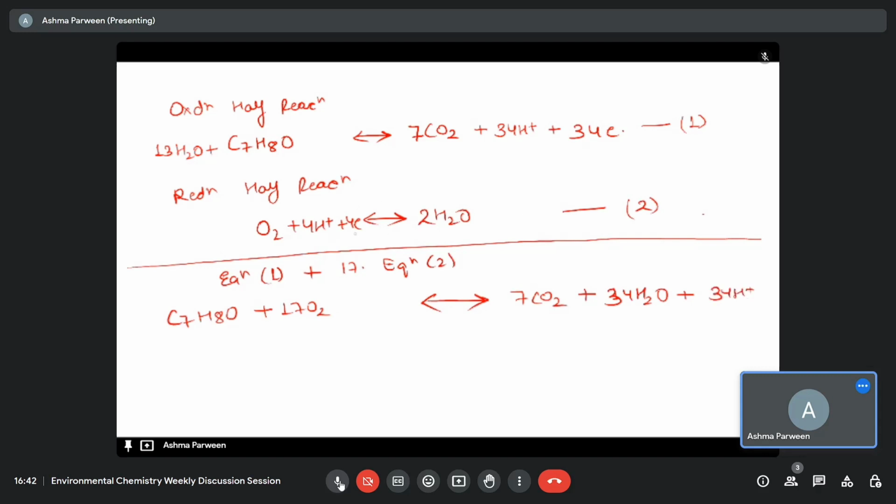After multiplying by 17, we will also have to multiply equation 1 by 2, then only it will get balanced.